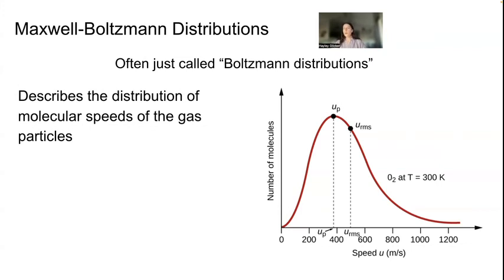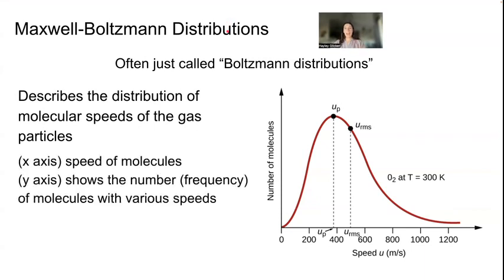So before we even start to identify what the trend of our curve is here, let's understand what's on our X and Y axes. Our X-axis is showing the speed of our molecules. Speed is in units typically of meters per second.